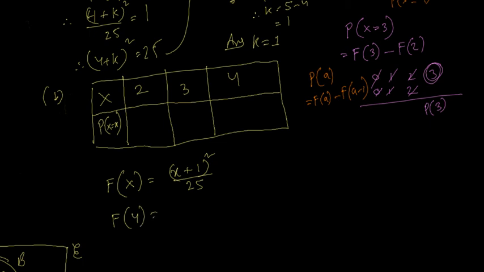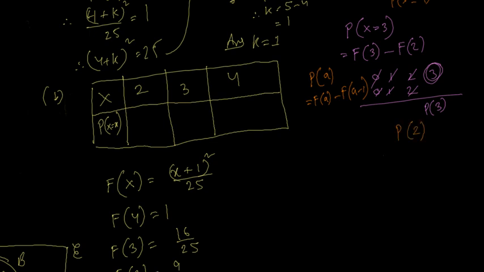First of all, we know F4 is 1 because total probability is 1. Then F3 is going to be 3 plus 1, 4 squared is 16 by 25, and F2 is going to be 2 plus 1, 3 squared is 9 by 25.